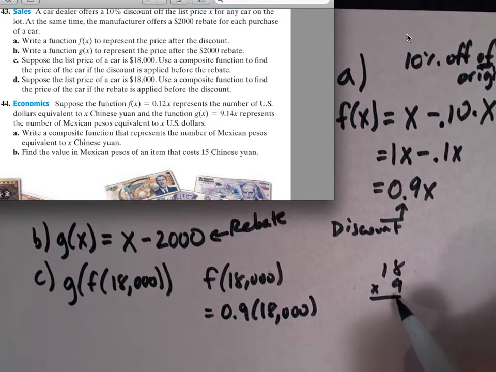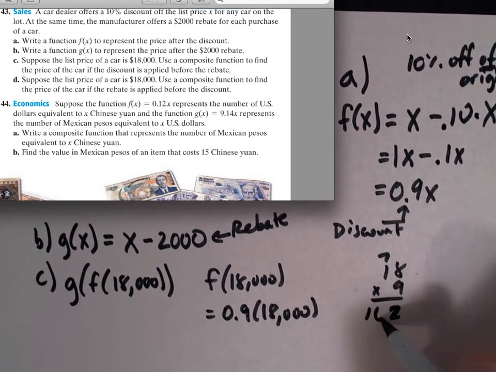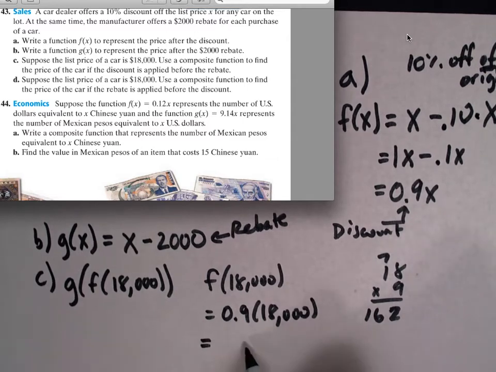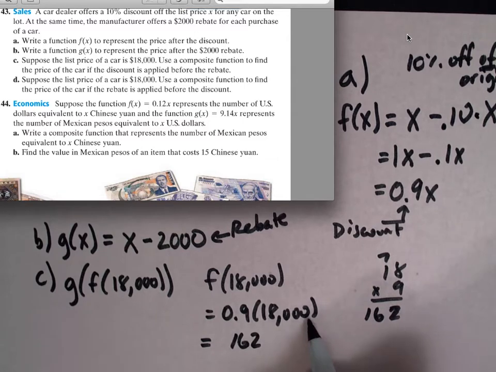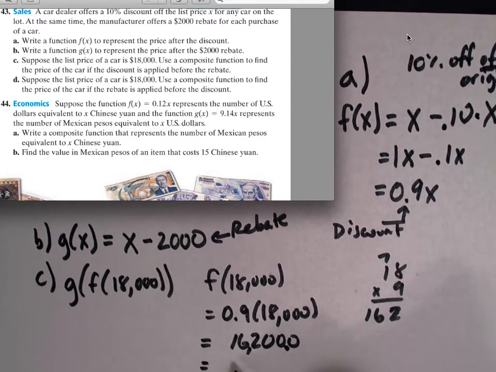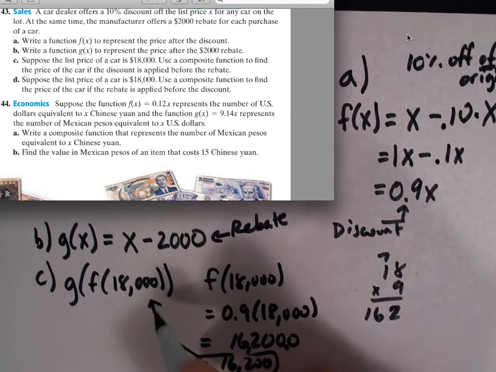That's 18 times 10, 180, minus 18, so it's 162. Let me add the zeros first. We add 3 zeros, but then we're multiplying by 0.9, so we move it back 1. That makes sense: 16,200.